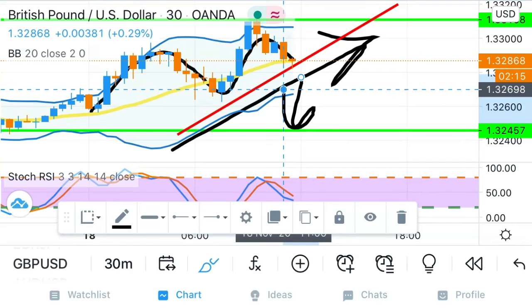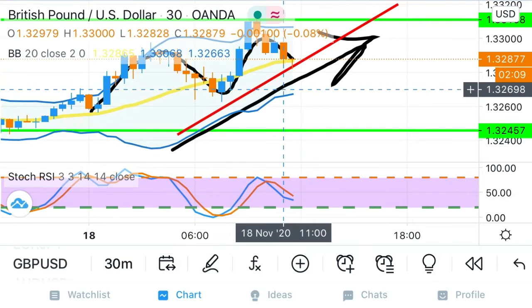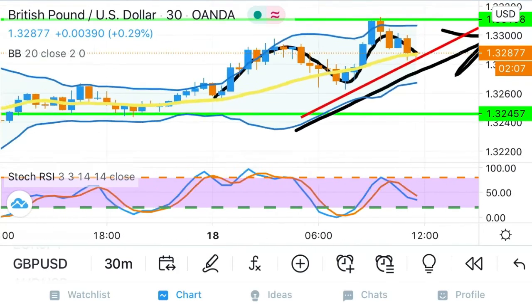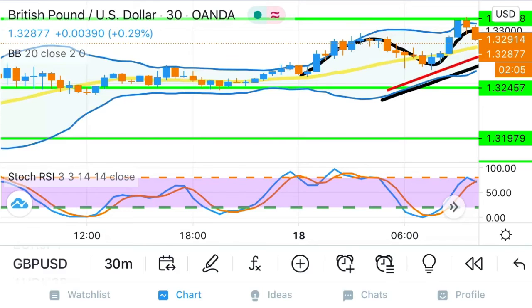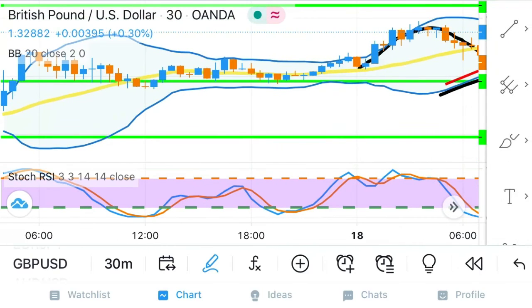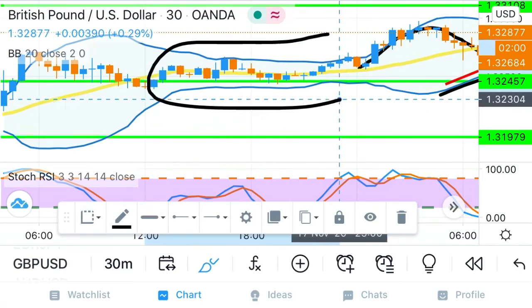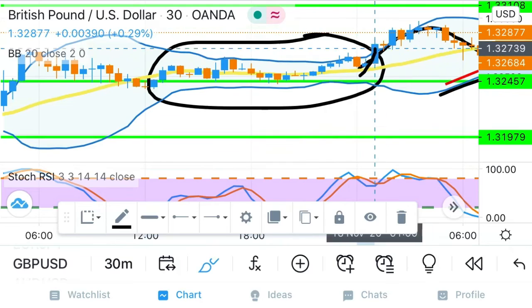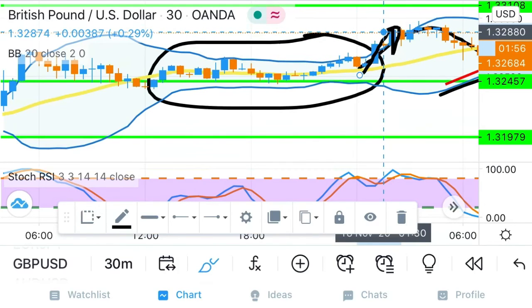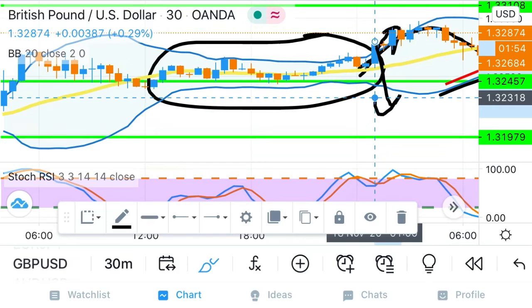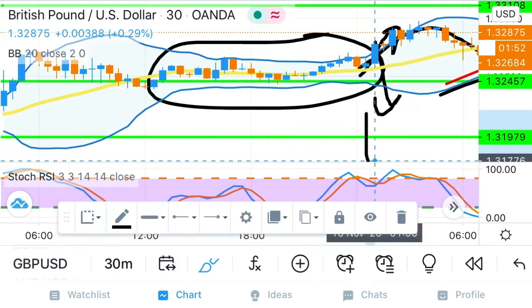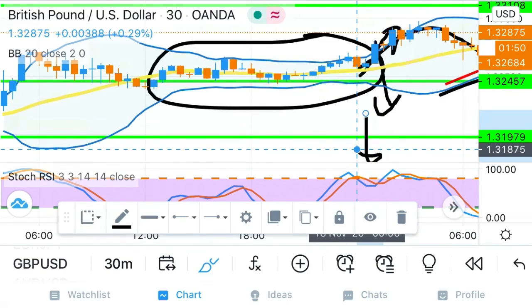But this is the breakout wave strat. I call it that because I desire to trade the breakout. So I look for these consolidation moments right here, and then I wait to see if it's going to go above my wave or below my wave, and I make sure I see the same thing in my stochastic oscillator, to see if it's going to match that.